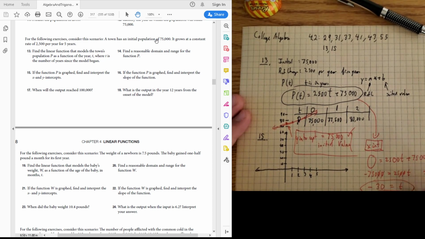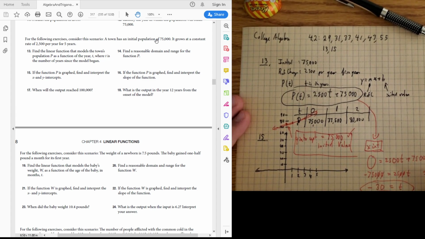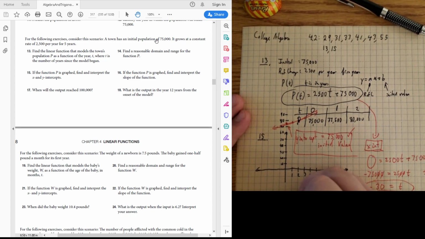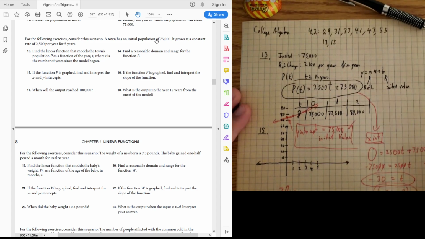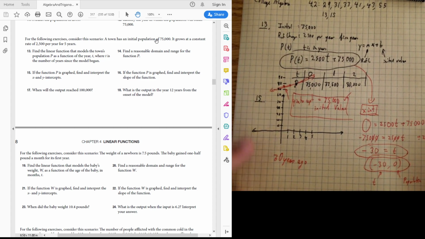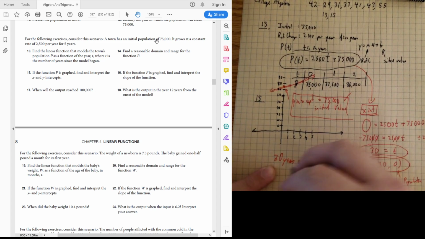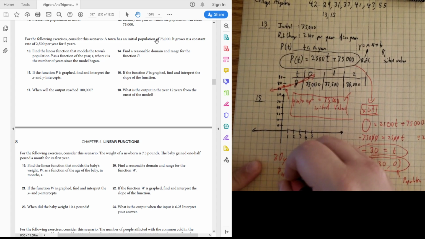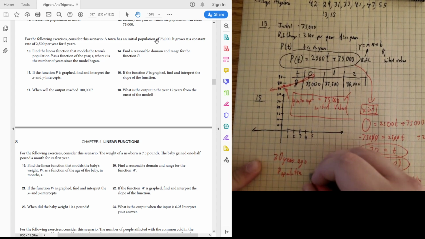What does this mean? Remember, this is the time, and this is supposed to be the population. So let's interpret. If the time is negative 30, that means 30 years ago, because negative means backwards in time. So 30 years ago, the population was 0.